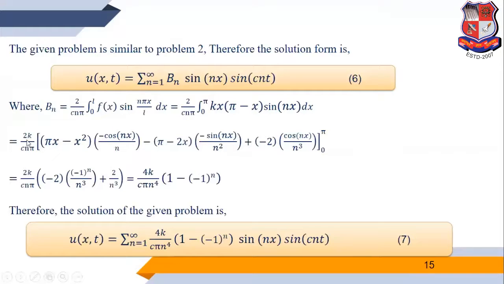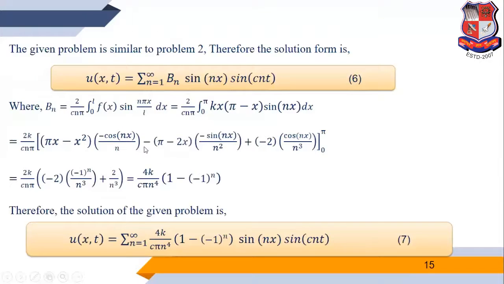Now k is common, so 2k upon cnπ. The remaining term is πx − x² into sin(nx). So we integrate both functions using integration by parts. So πx − x² we consider u and sin(nx) we consider v.